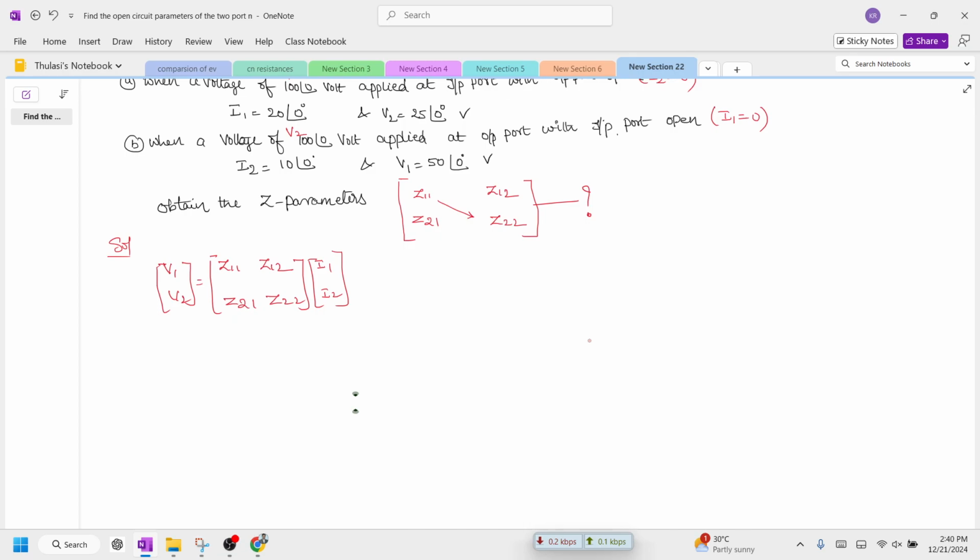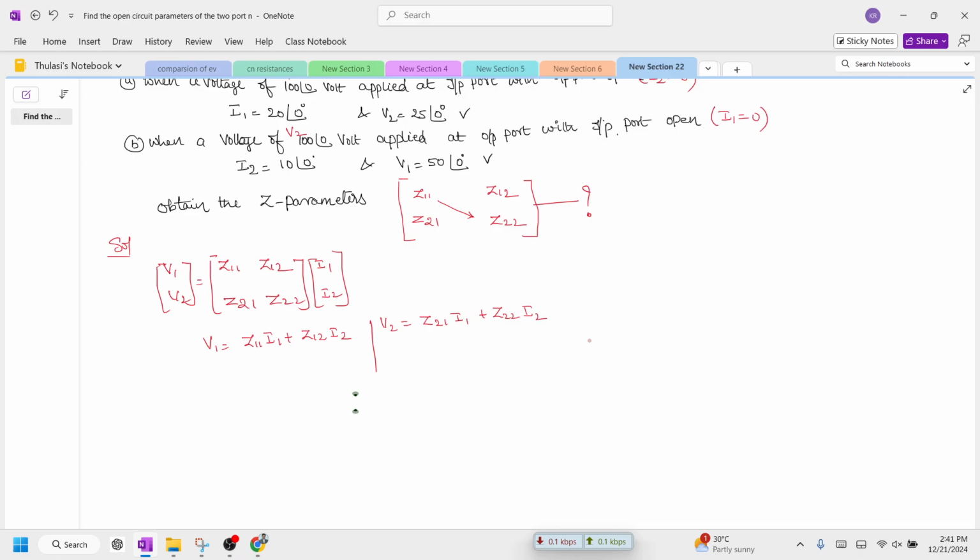Here V1 is equal to Z11 I1 plus Z12 I2 is one equation. The second equation is V2 is equal to Z21 I1 plus Z22 I2.